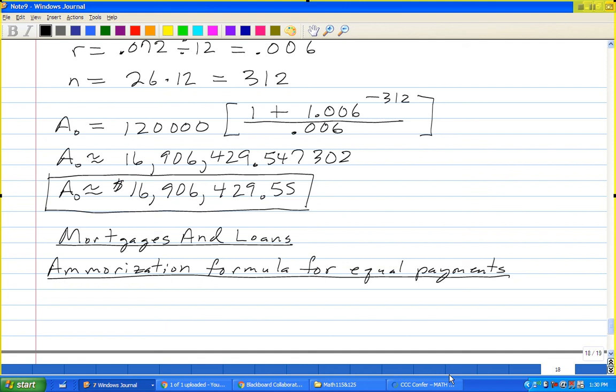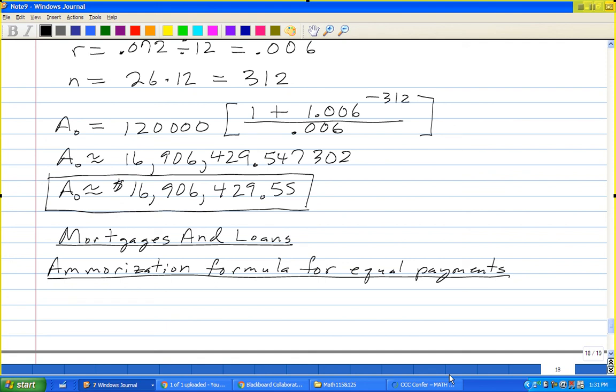If you purchase something, let's say you're purchasing a car, usually what happens is the bank purchases the car. You then get a loan for a certain amount, and you pay back this loan at some equal amount per, say, month.